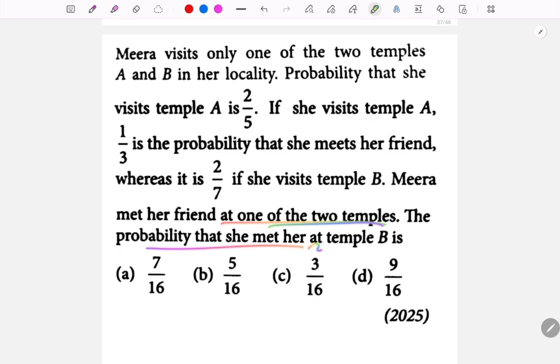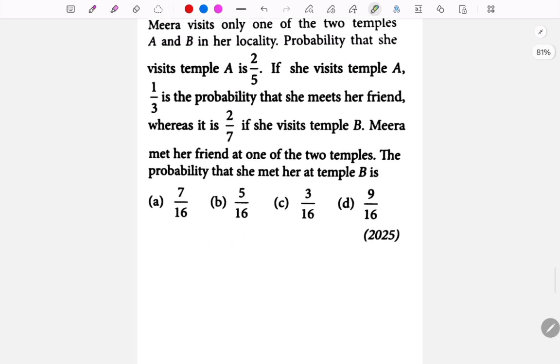Next, she meets her friend in one of the two temples. Then the probability of temple B means they are asking the second event E2 given A, where A is that she meets her friend. Now for easy understanding, draw the diagram.